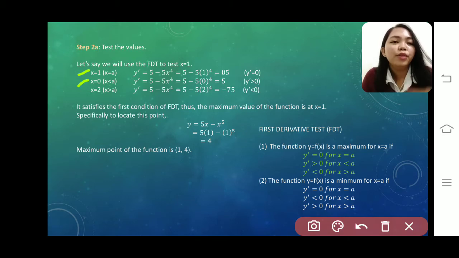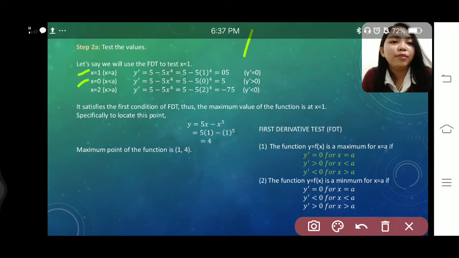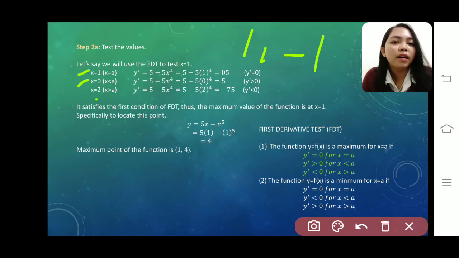So, ulitin ko, bawal tayong mag-overlap kay negative 1. So, dapat hanggang 0 lang. 0 or negative 0.5 or negative 0.99 para hindi mag-overlap dun sa another critical value natin. So, we have x less than a. So, we have positive value of y prime.